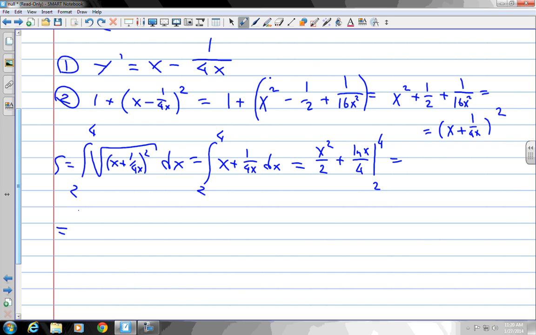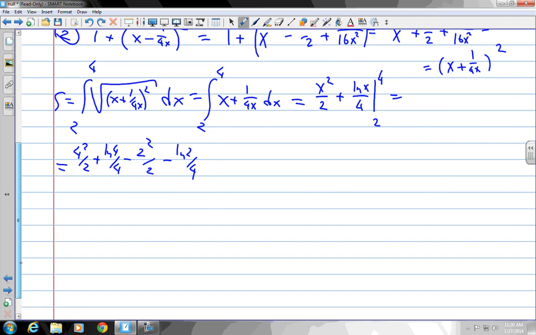It's 4 squared over 2 plus ln of 4 over 4, minus 2 squared over 2 minus ln of 2 over 4. So, whatever that is. You can simplify this, right? This is 8 minus 2, so that's 6 plus 1/4 ln of 2, right?